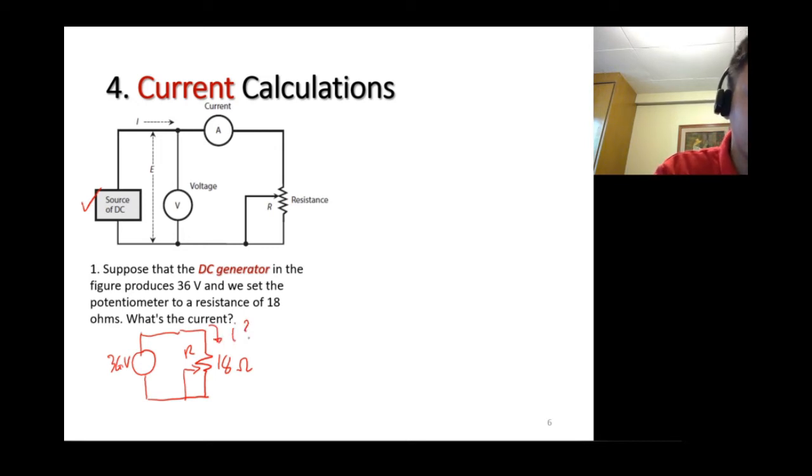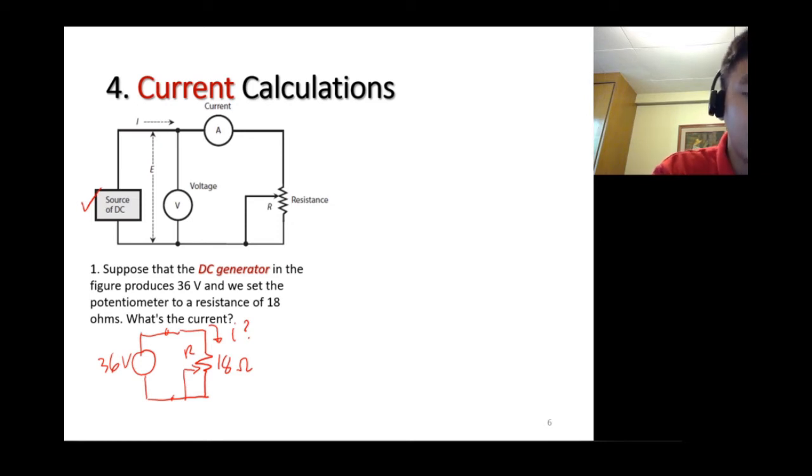Take note, if you put the voltmeter across these two nodes, the result will be 36 volts, because that is the value of your DC generator. For the current, whatever the value is in the ammeter will be the value of your current.